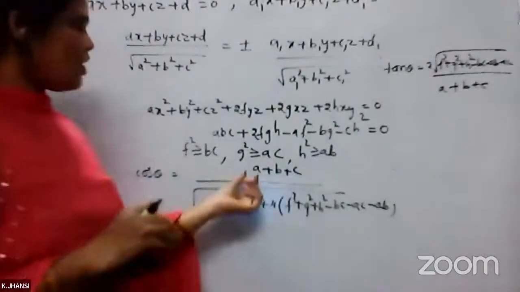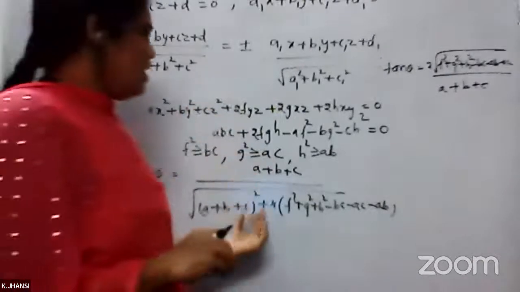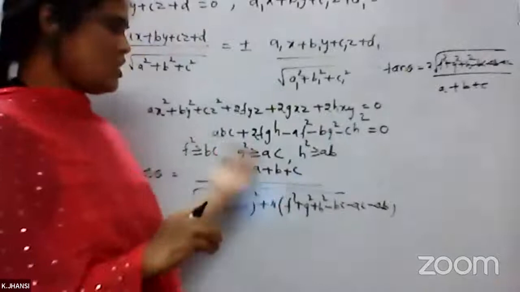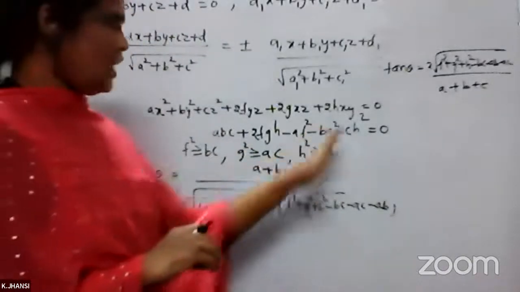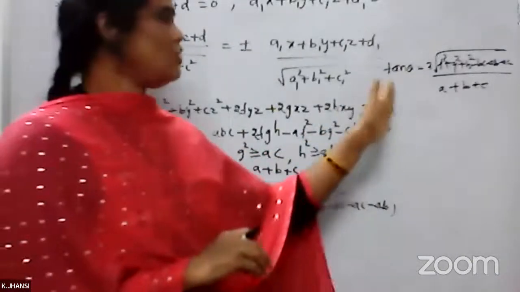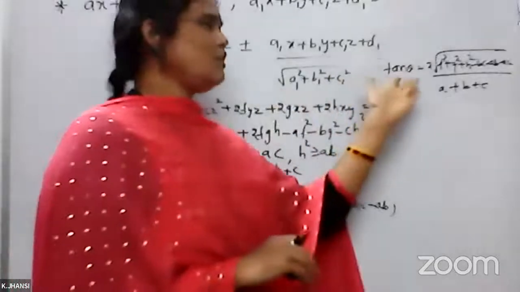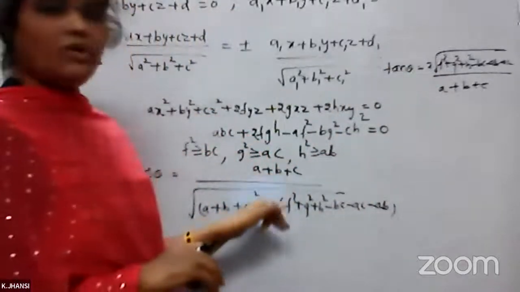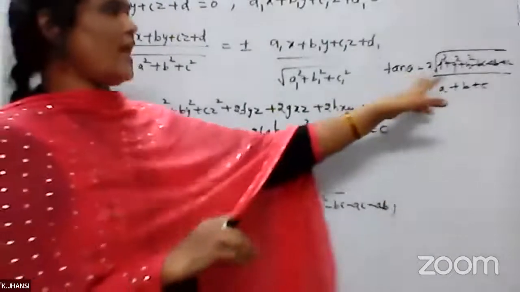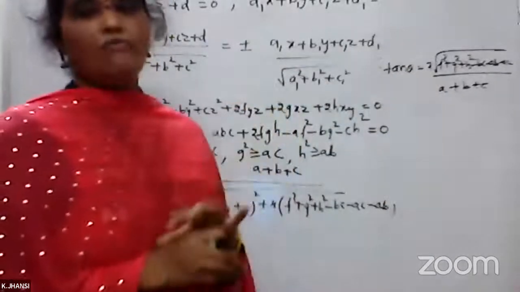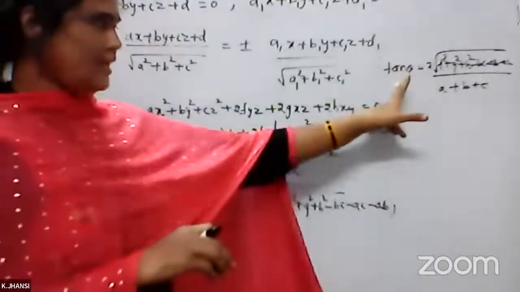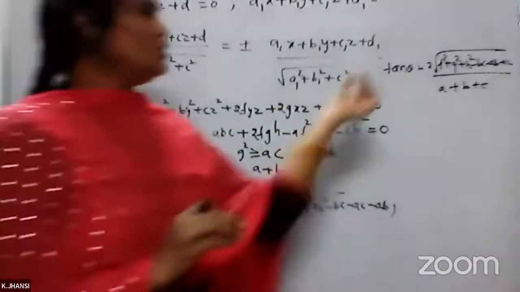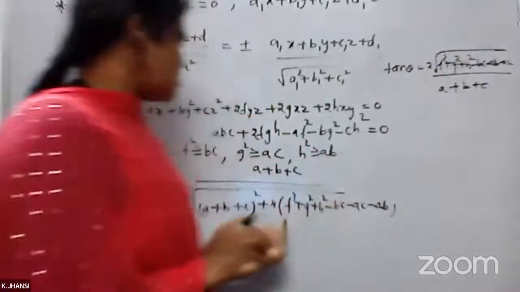So a plus b plus c you will get in the denominator, and this means cos theta is equal to this value. We need to find the sin theta value. So after getting the sin theta, tan theta is equal to sin theta by cos theta, so the denominator will be interchanged. So you can find the angle directly with tan theta or else with cos theta. Whichever you find, you will get the same angle. Okay. So the tan theta formula is this one and the cos theta formula is this one.